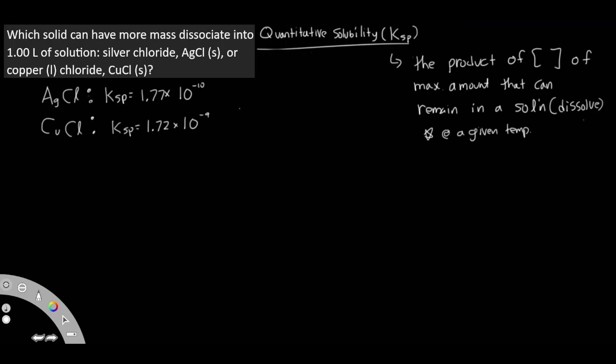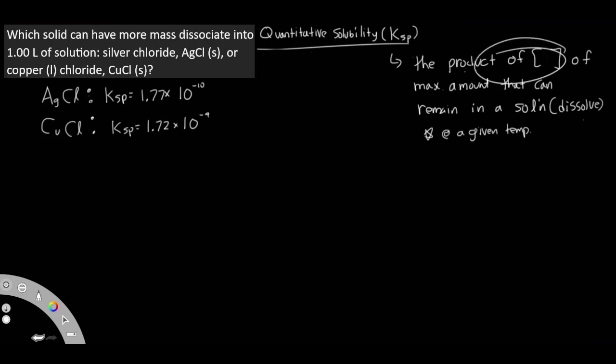Well, remember, Ksp is this definition over here, and based on what we've just talked about, it's quite easy to tell that a Ksp value of a smaller value would be less soluble, because what would it mean over here? The concentration that we can fit in there is lesser. If there's a lesser amount of concentration that can remain in the solution, obviously it's not going to be very soluble.